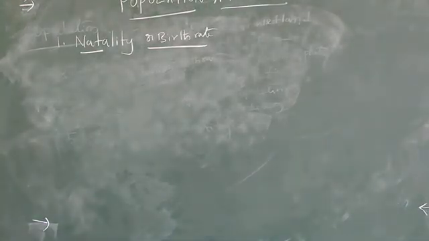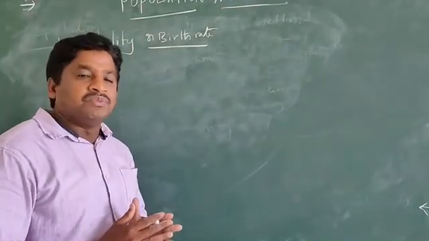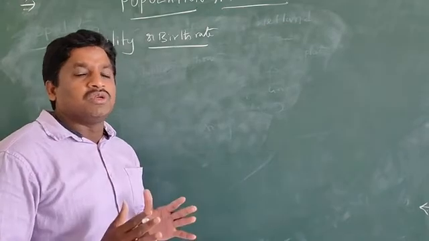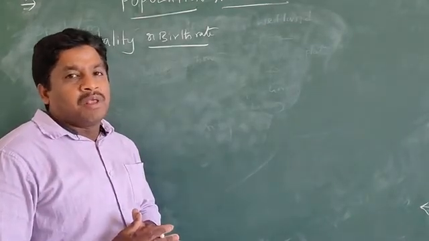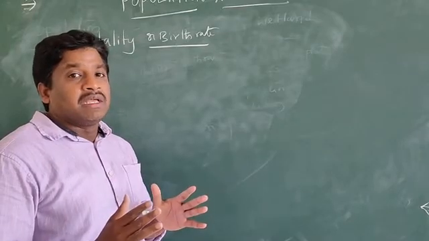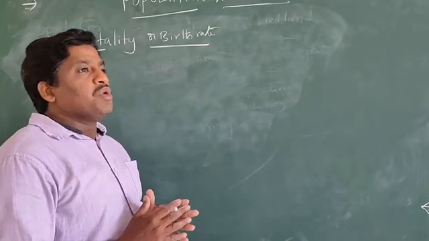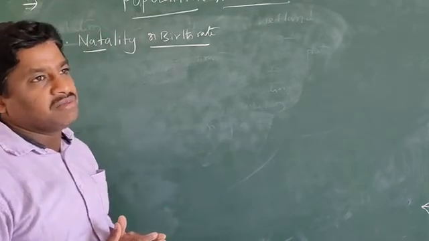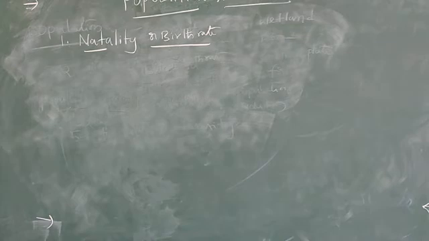The exact definition: the number of individuals produced in a unit of time per unit period, that means per unit of time, per unit habitat. So the number of individuals produced in a unit of time per unit population.